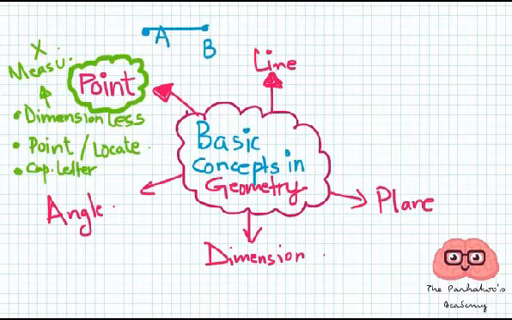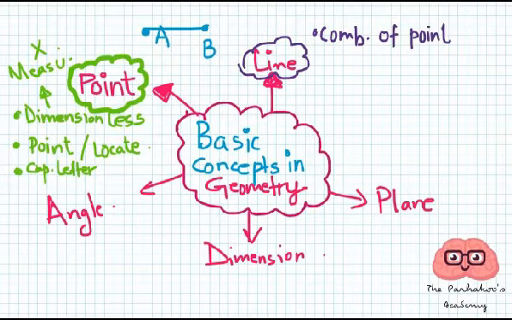The second most important concept is that of a line. A line is basically a combination of different points. For example, we have points. When they combine together, they form a line.